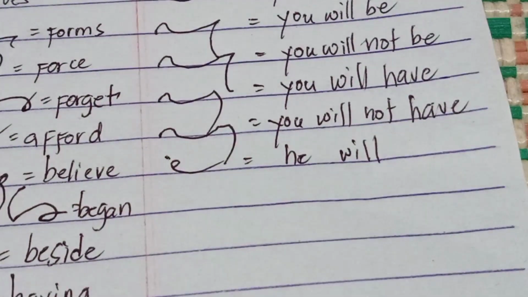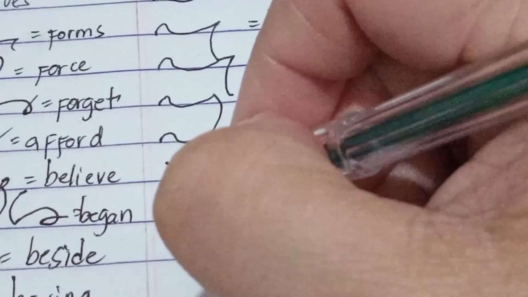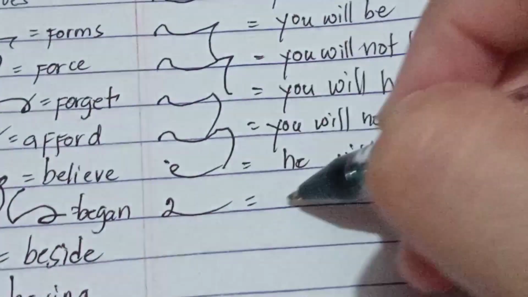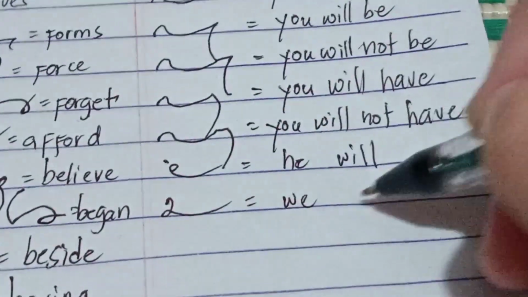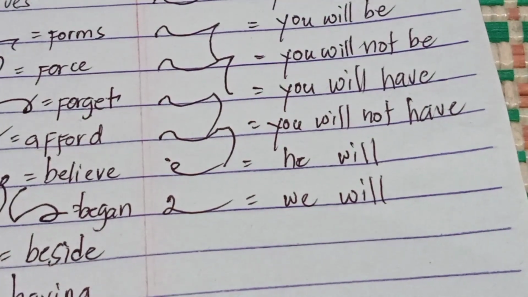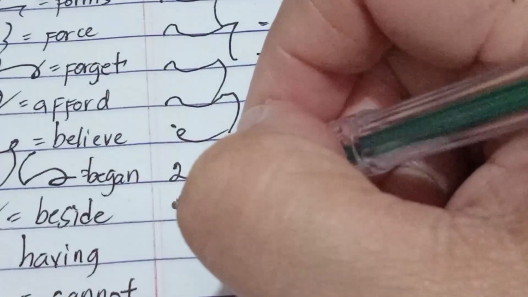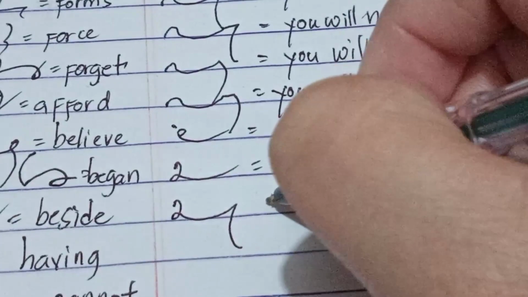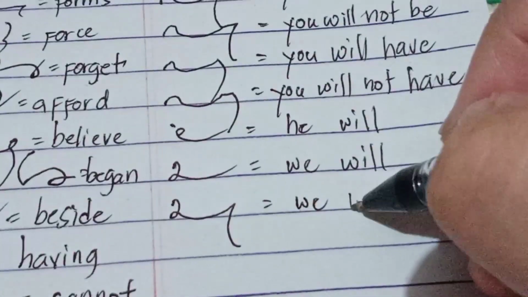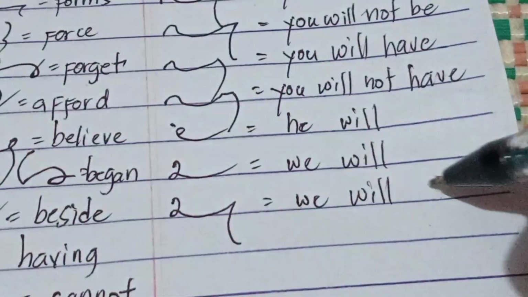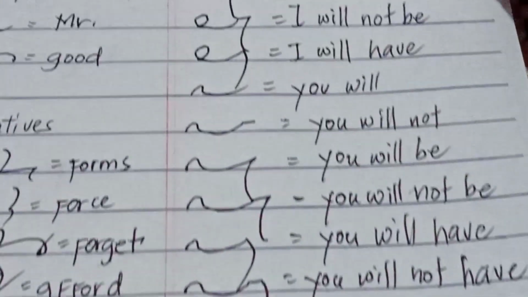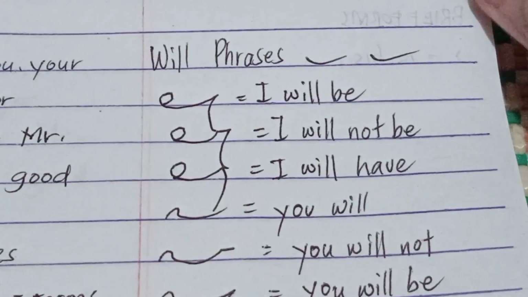The next one, if I write U-E-L, so this is we. Asan po? We. So, this is we and will. Okay? So, that is we will. And we have we will be. Okay? Alin ang we? This is the we, will, and be. Okay? So, these are the examples of will phrases.